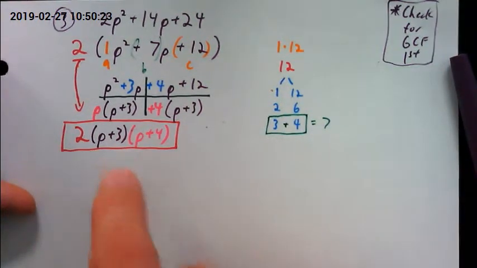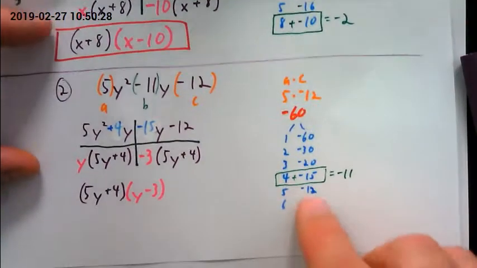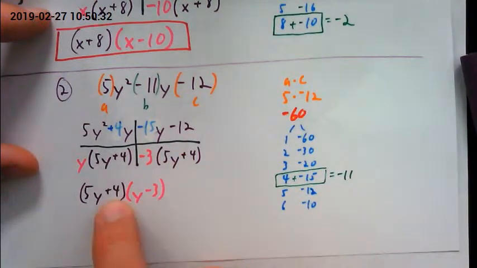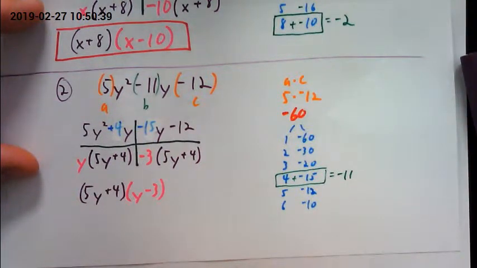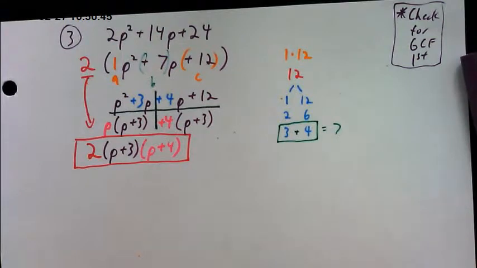Again, it only works when our lead coefficient is 1. If you look at the second one we did, where our lead coefficient wasn't 1, we had 4 and negative 15. Those were not the two values that we had for the final answer. In this case, we did have a 4, but you won't always even have one of them be the same. So again, it only happens if our lead coefficient is 1. So it's one of those shortcuts. If you remember that there's that shortcut, you can use it, or you can just do it the same every single time, and you don't have to worry about remembering anything extra.